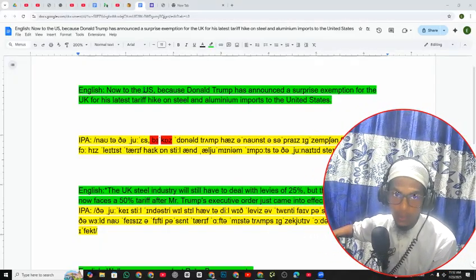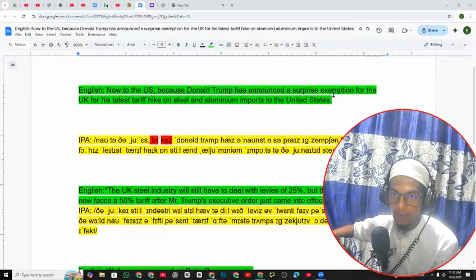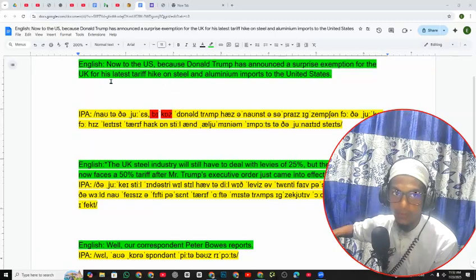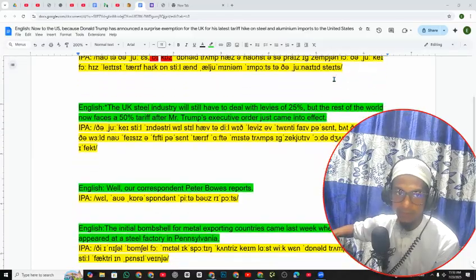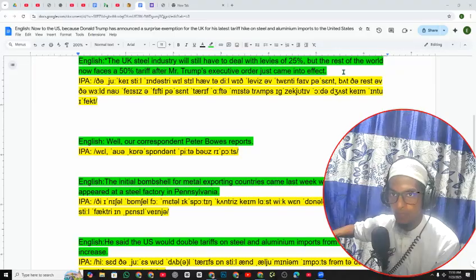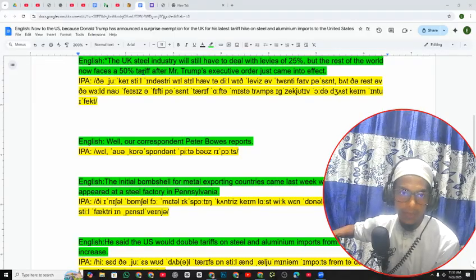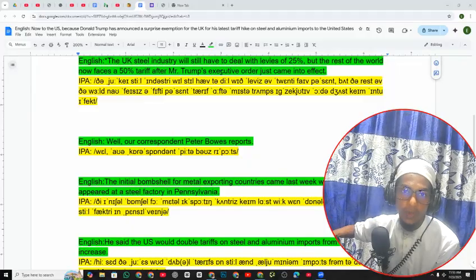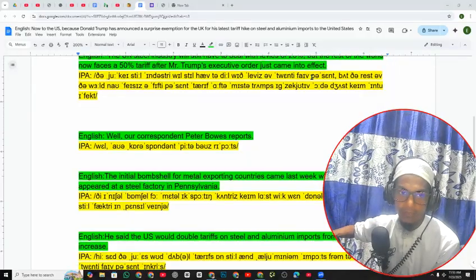Now to the US, because Donald Trump has announced a surprise exemption for the UK for his latest tariff hike on steel and aluminium imports to the United States. The UK steel industry will still have to deal with levies of 25%. But the rest of the world now faces a 50% tariff after Mr. Trump's executive order just came into effect.